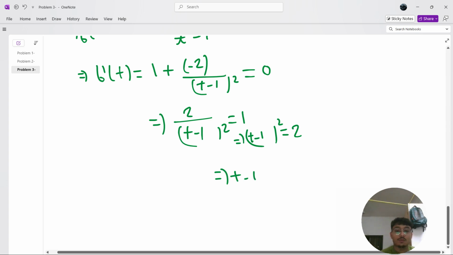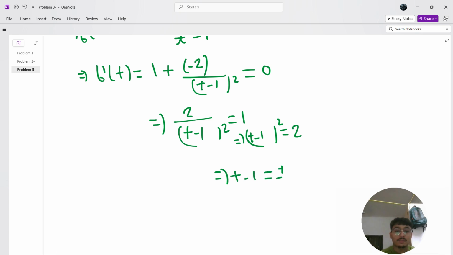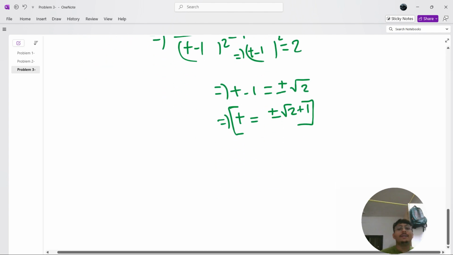Then t minus 1 will be plus or minus root 2. So t is plus minus root 2 plus 1. That is, we are getting two values of t.